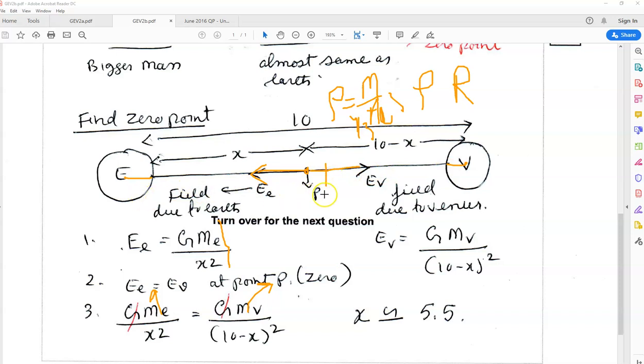This is very obvious because the 0 point must be a little bit away from Earth, and also the mass of Earth and mass of Venus are more or less similar, there's not much difference between these two. For that reason the 0 point is just after the midpoint.